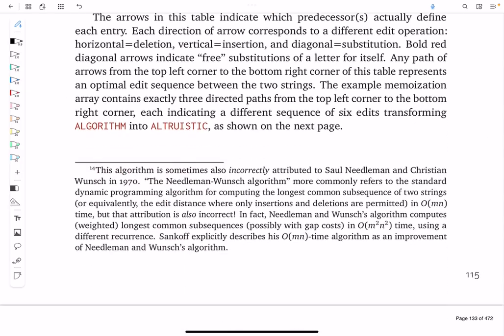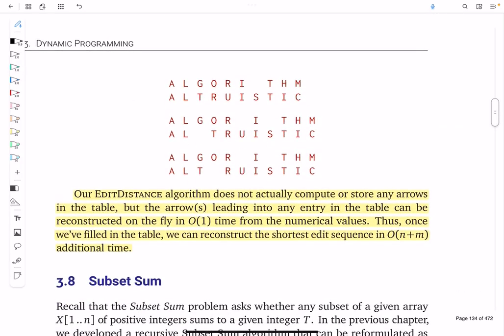So by following the arrows, we can actually compute the final solution, not just the distance, in linear time, just by searching through the table in that order, where we know which thing caused our current value, and so we can print out that operation we did, and then we can just keep tracing back.